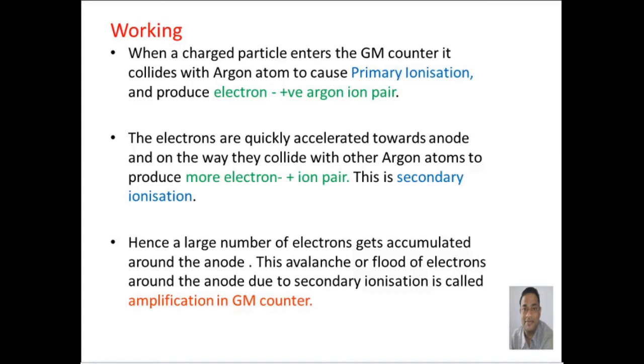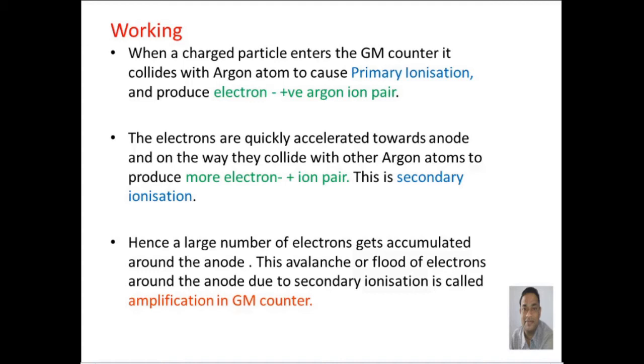Let's briefly see what the process of ionization is. We know that whenever a charged particle which is energetic, meaning having high kinetic energy, collides with another atom, it knocks off or takes out an electron from that atom.